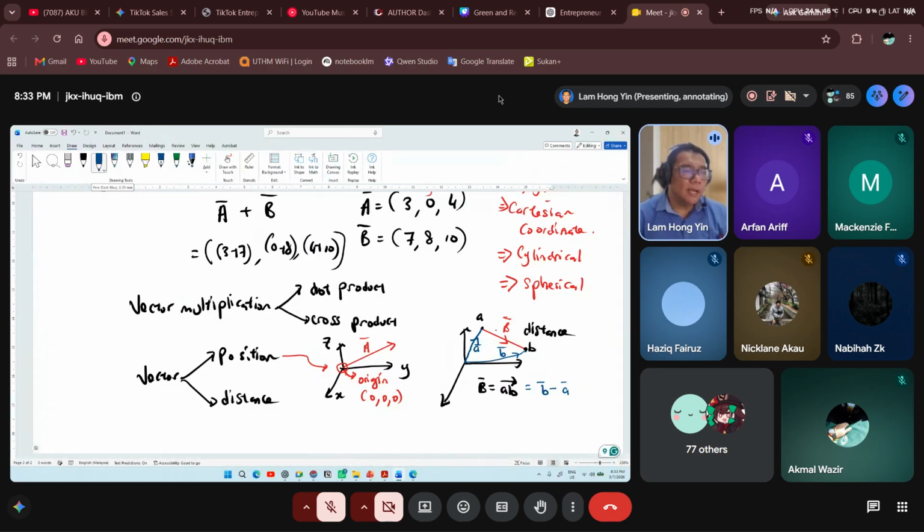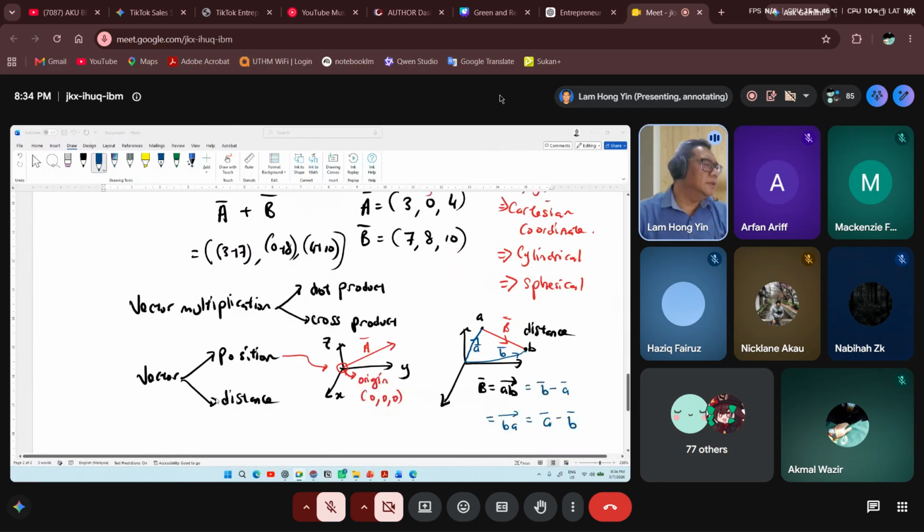If my vector is in the opposite direction, from B to A, I can label this from B to A, so I can eventually find that my vector is A minus B. So those are the two things highly related to the position vector and the distance vector.